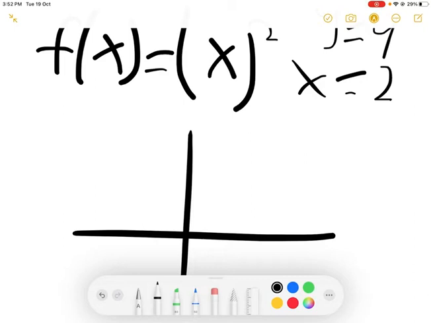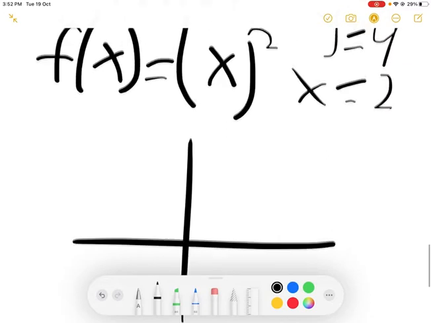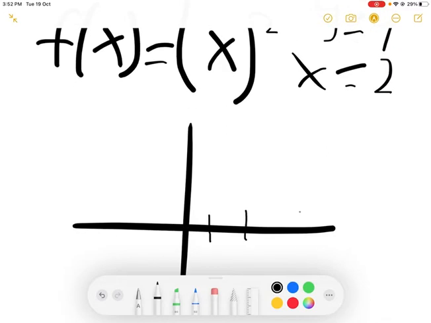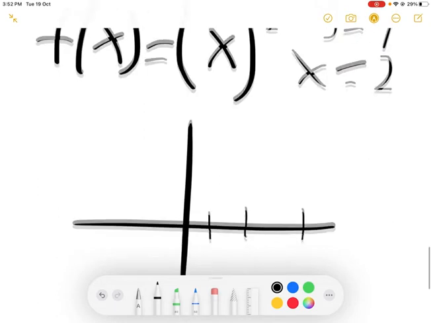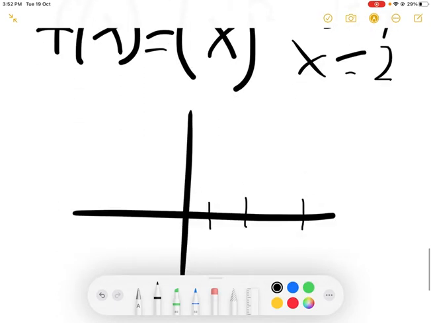The y value is just the x value multiplied by itself, just to be clear. So 2 for x gives 4 for y, so 2, 4, and 1 for x gives 1 for y, so 1, 1, and then 0, 0, and then the same thing on the other side.